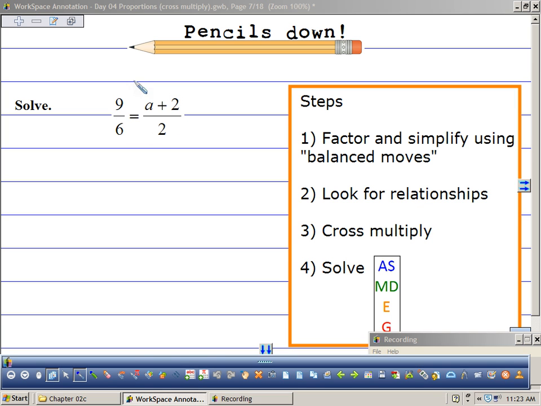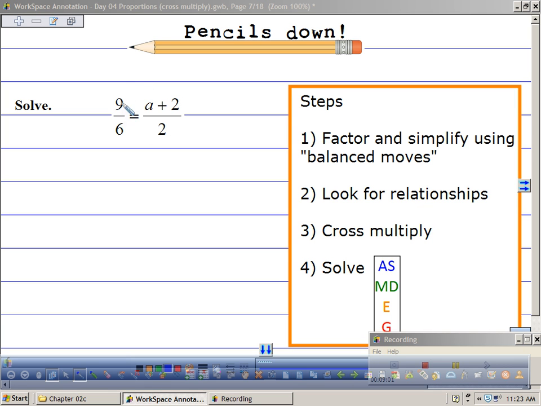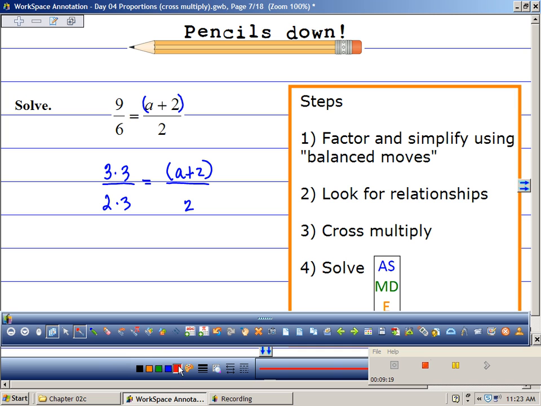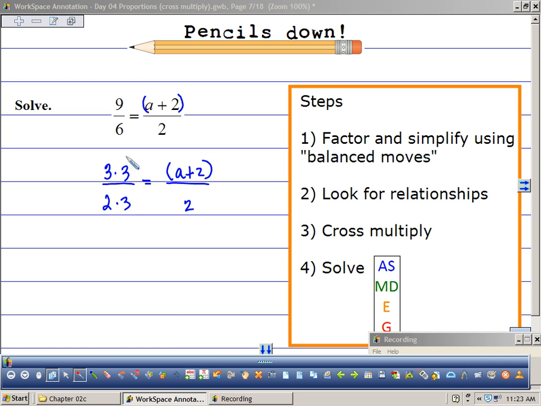Alright, so on this one, I automatically see I've got factors in here. So I'm going to factor it. 3 times 3, oh I told you to do this too, over 2 times 3 equals the quantity of a plus 2 divided by 2. So on this one, I see factors.